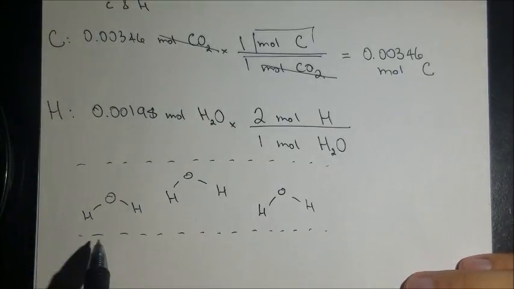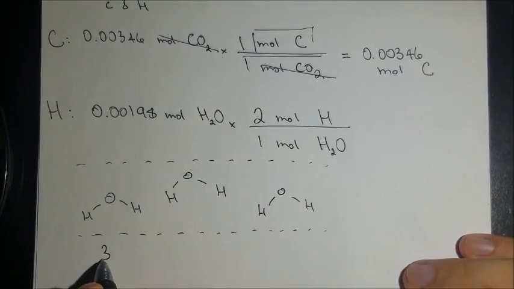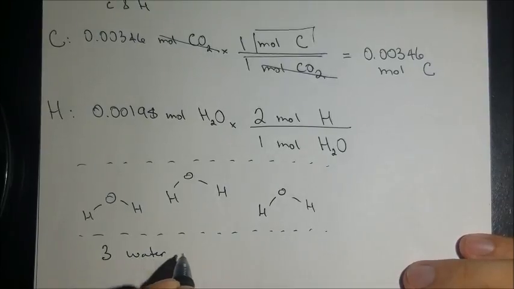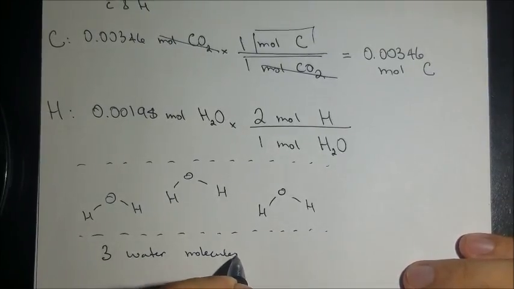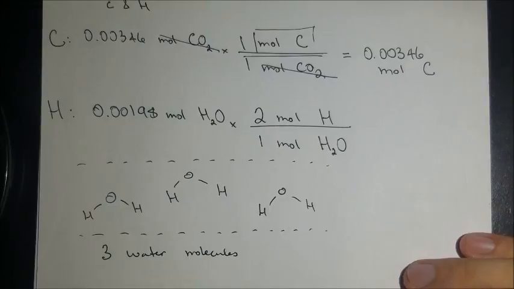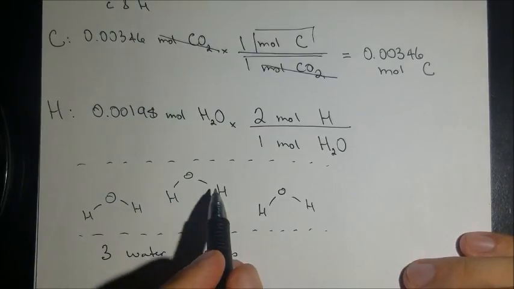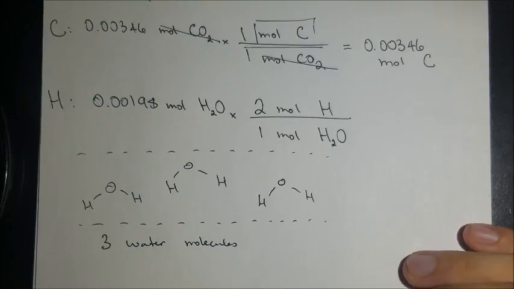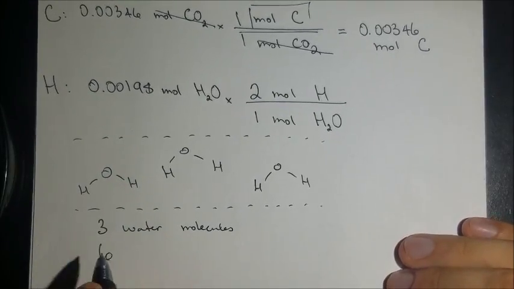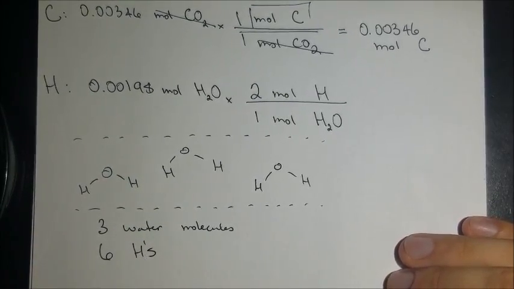How many hydrogens do I have? I have a total of 1, 2, 3, 4, 5, 6 hydrogens. Okay, so I have a total of 6 hydrogens in this sample of 3 water molecules.